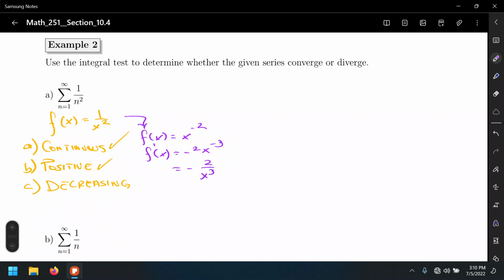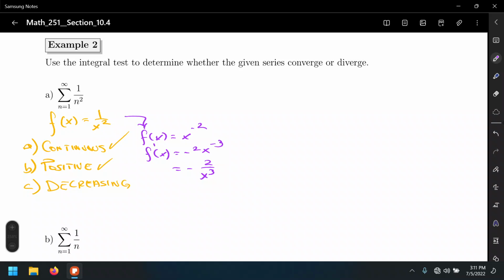Okay, notice in this case, the derivative will tell us the behavior of the function in terms of whether it's increasing or decreasing. That's the first derivative test. All right? Back from Calc 1, the first derivative test: if the derivative is positive, that's increasing, we have slopes that are going up the hill.